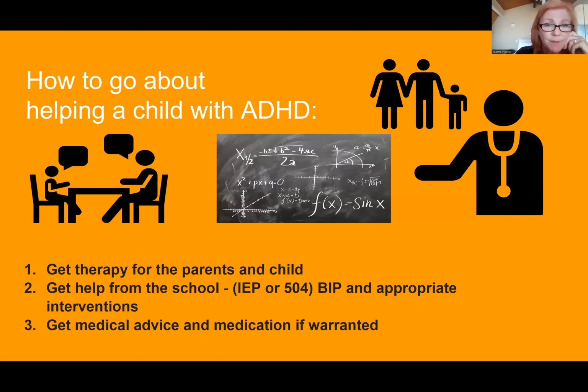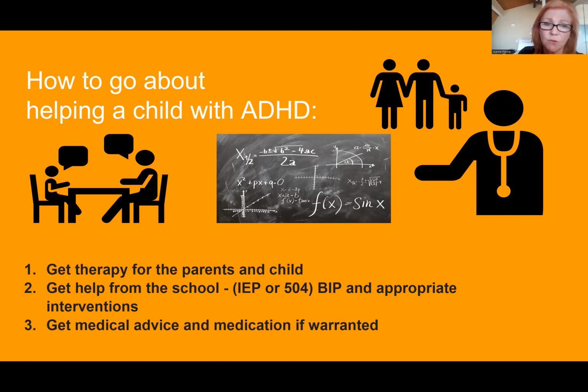Okay, next screen, please. Okay, so here's our recommendation. To help a child with ADHD, if you can persuade the parent and the child to go to therapy, that's the most helpful. Having a child with ADHD requires more than the normal skill set that we learn as parents, and getting somebody to help you figure it out is a good thing.